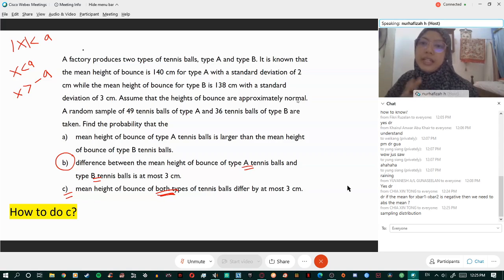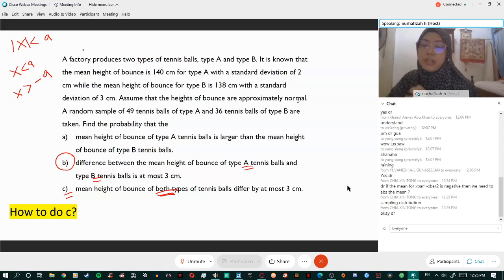Yes, just let it be negative. Don't change it to a positive value. Even though your mean for the sampling distribution is negative, your probabilities would still be positive. So just let it be.